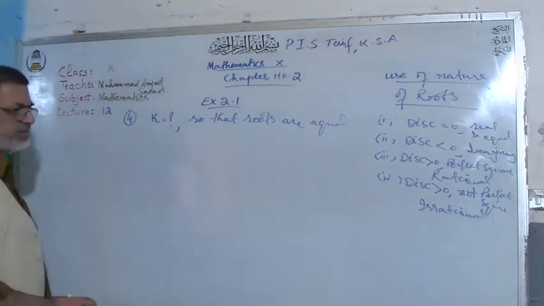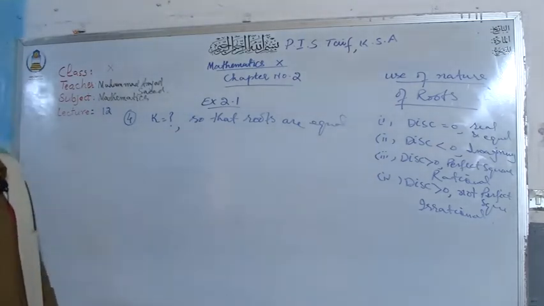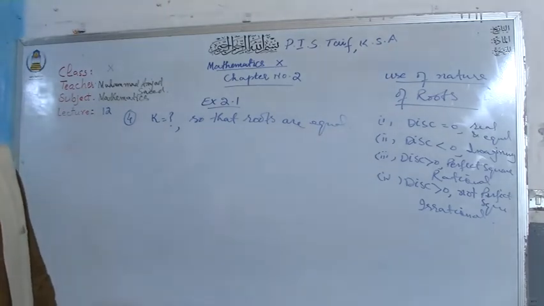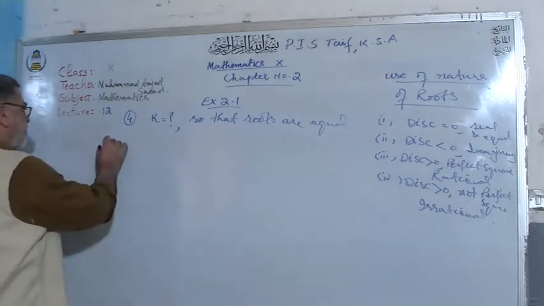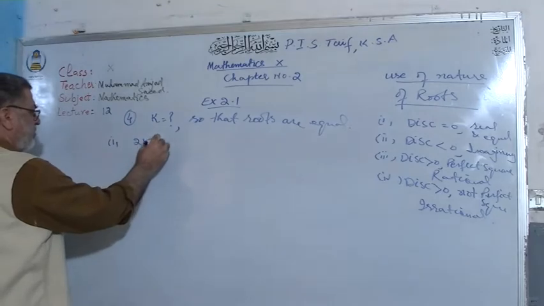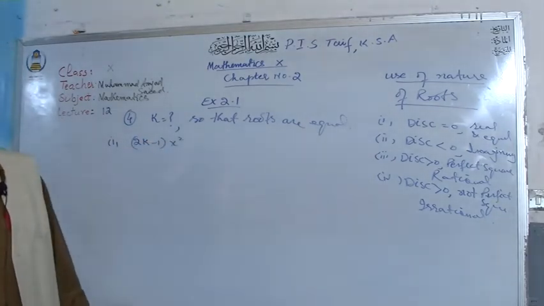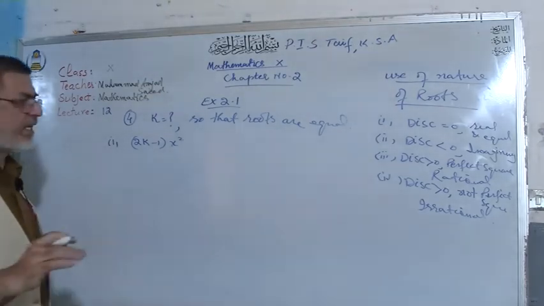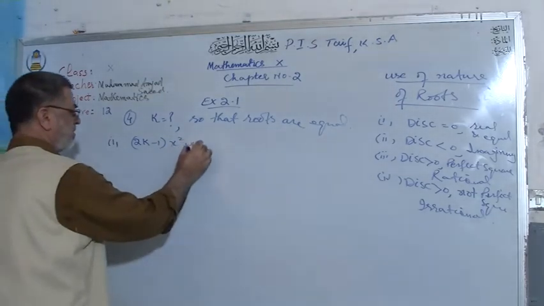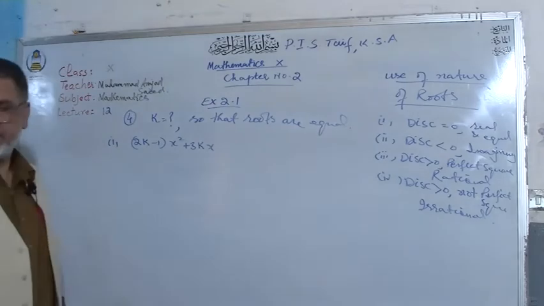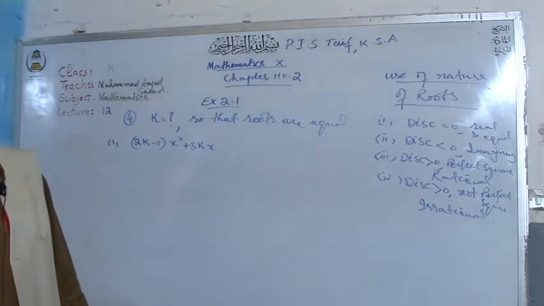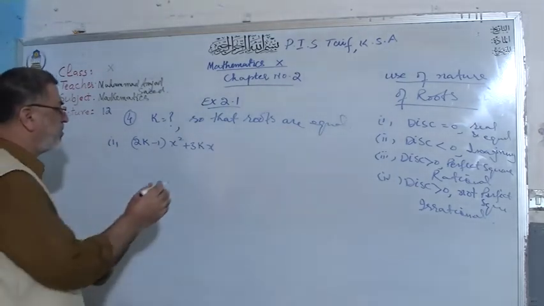Here will be point number 1, 2k minus 1 into x square plus 3kx plus 3 is equal to 0.